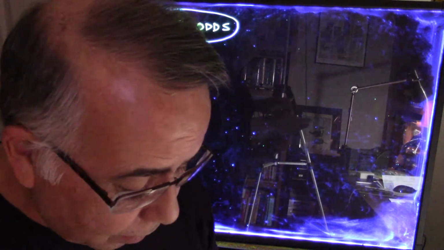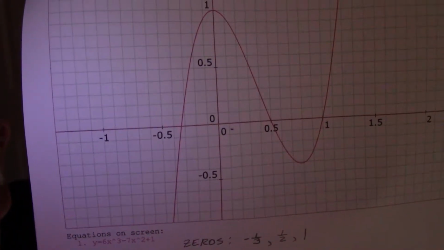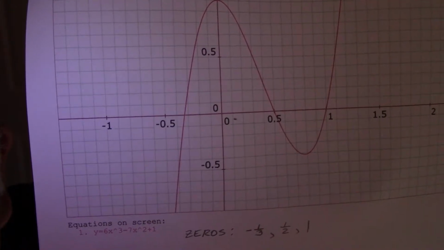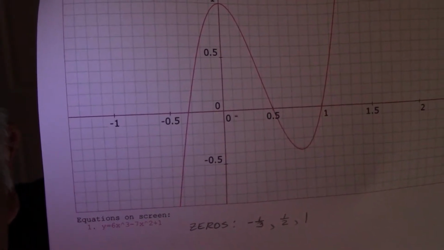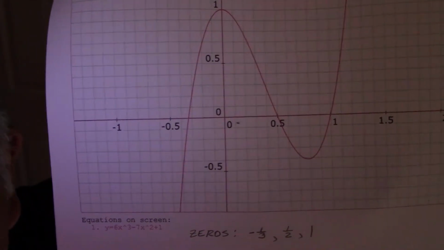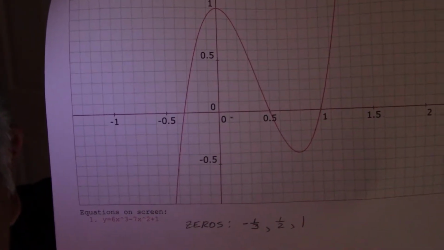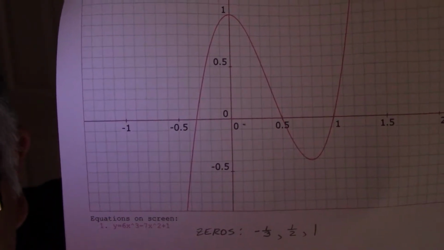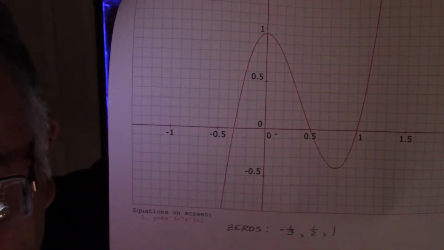All right, so in other words, for example, on 61, you can pretty much see what the roots are just by looking at the decimals where the graph crosses the x-axis, and then you can come up with a fraction that equals those decimals. All right, so negative 0.33, that's negative a third, and then 0.5 is 1/2, and then 1 is 1. Okay, so those are your rational zeros.